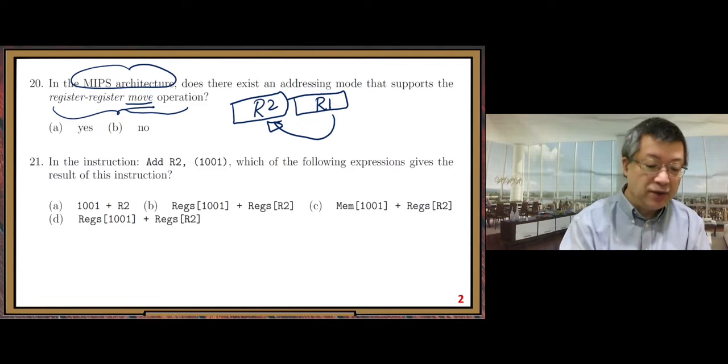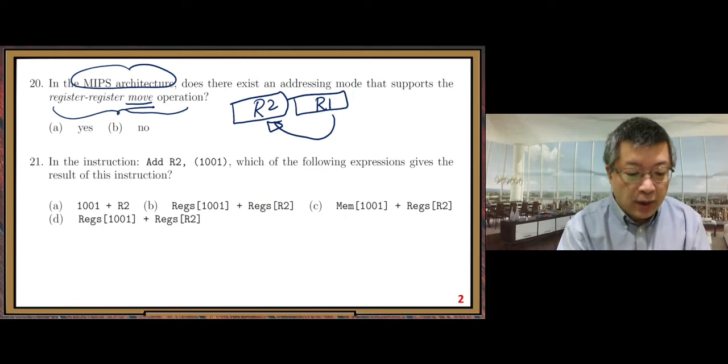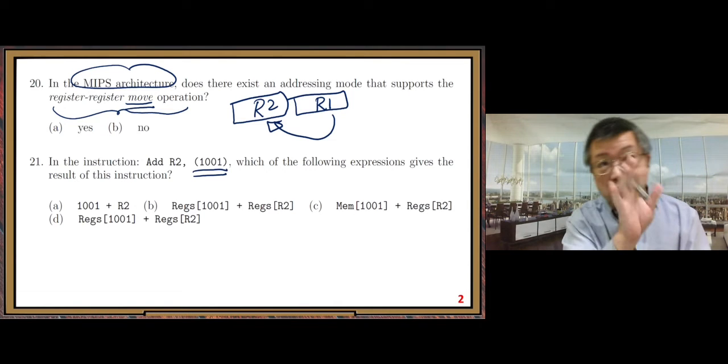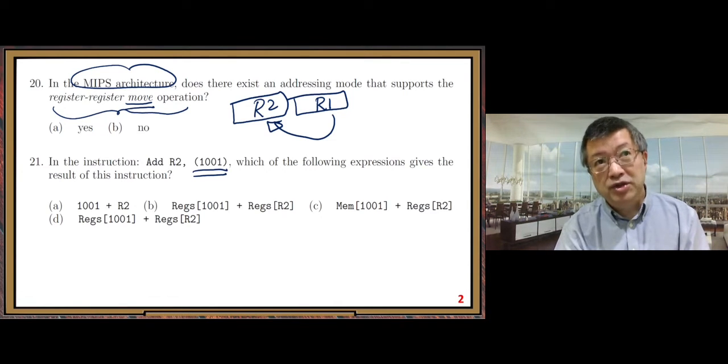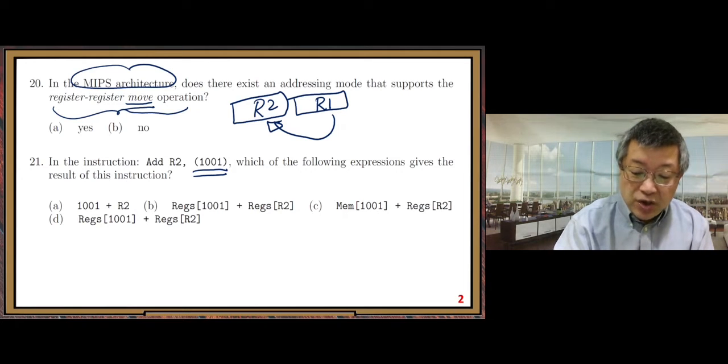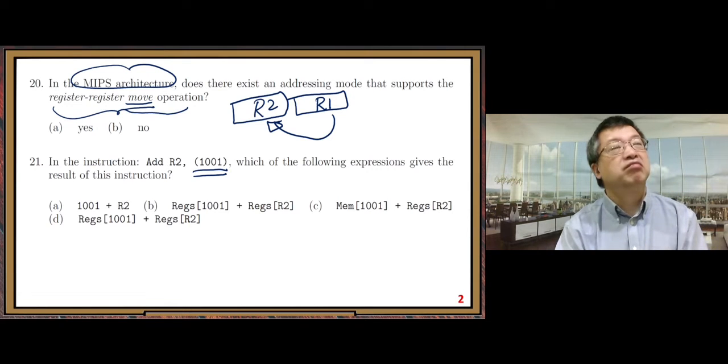All right, so number 21, in this instruction, hope you know the meaning. In our notes, I give you the specific meaning. Which of the following expressions gives the result of this instruction?